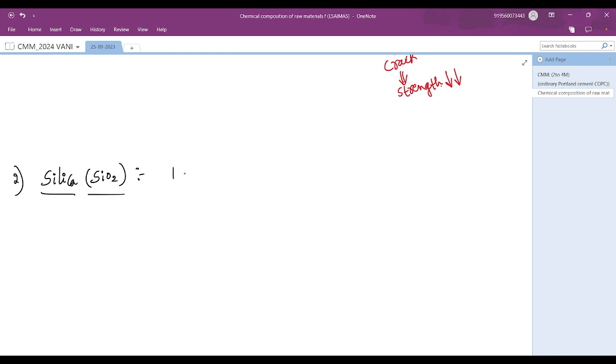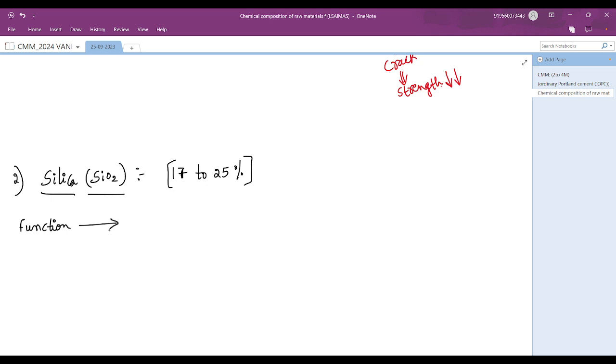It is present in an amount of 17 to 25%. So in the cement, silica is present in 17 to 25%. The silica present in cement will also induce binding and strength.